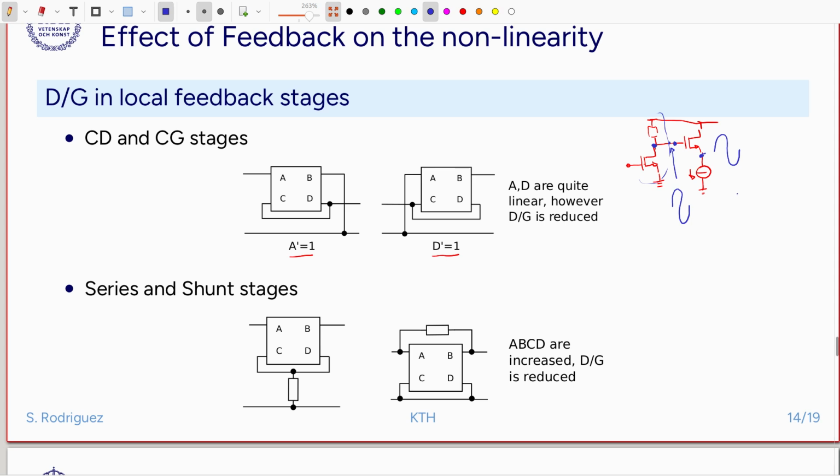So what is the difference, for instance, if we have something like this instead?